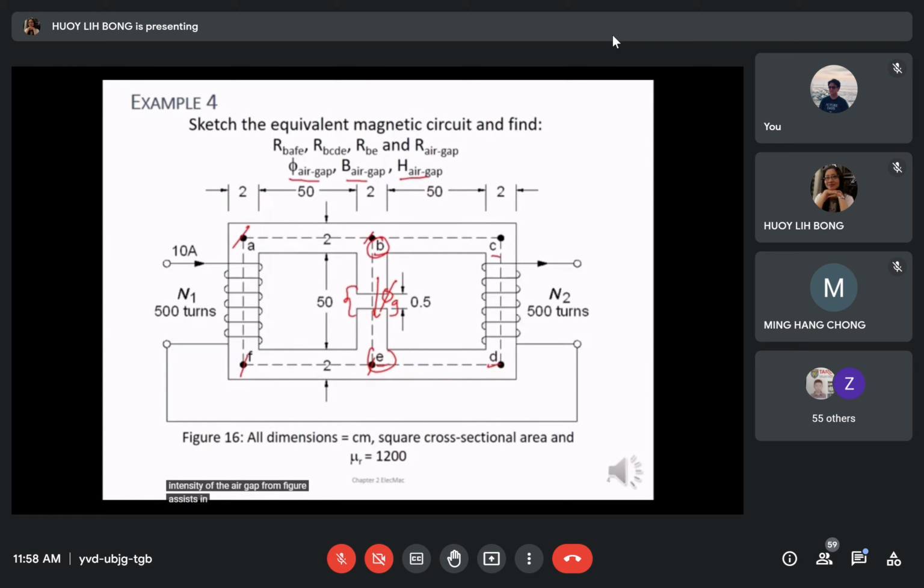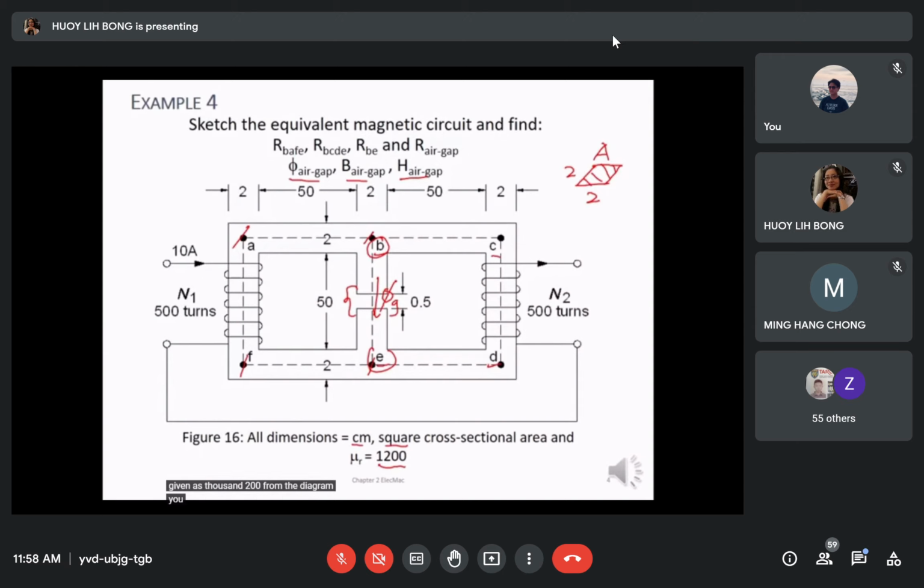From figure 16, all the dimensions are in centimeter, and the cross-sectional area is a square. which means it is a 2 cm times 2 cm square area. And the relative permeability is given as 1200.